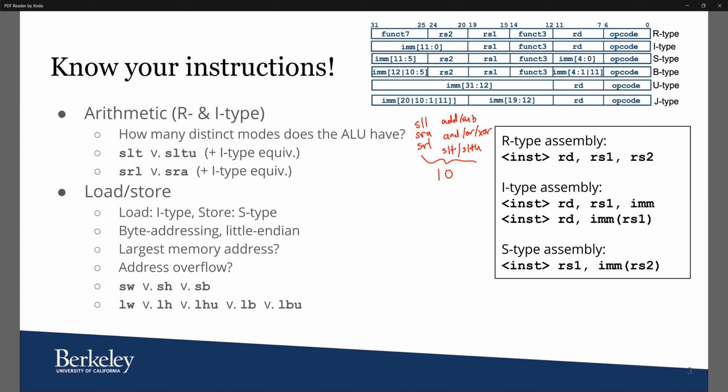No, you don't. You can work it out yourself based on the instructions that are in the base instruction set. So the R-type is going to be register, register, and the I-type is going to be register, immediate, and they both use the same set of instructions for the ALU specifically.